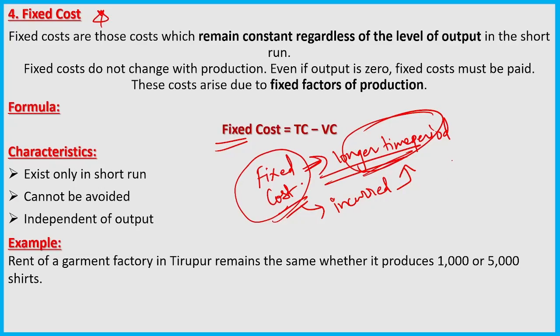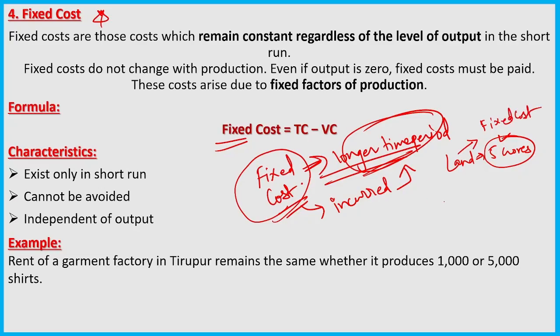Say, for example, you want to open up a company and you want to buy land. So the land cost is 5 crore rupees. Every single day you are not going to buy land of 5 crores, right? So once you have invested, it is going to help you a lot for the rest of the years. So this is fixed cost.